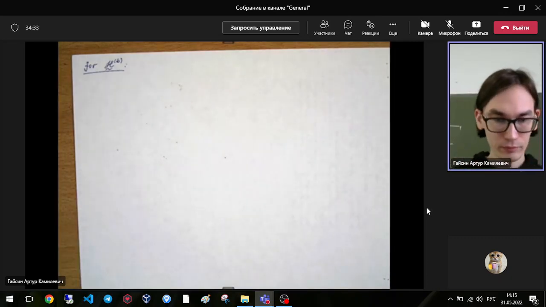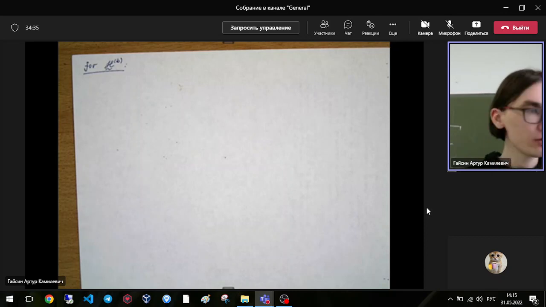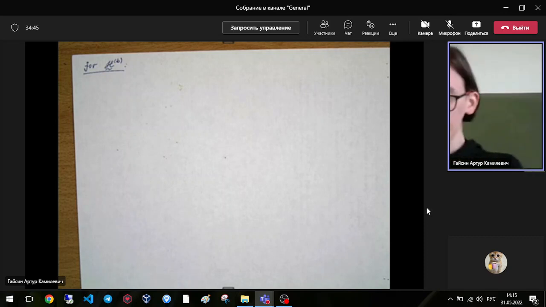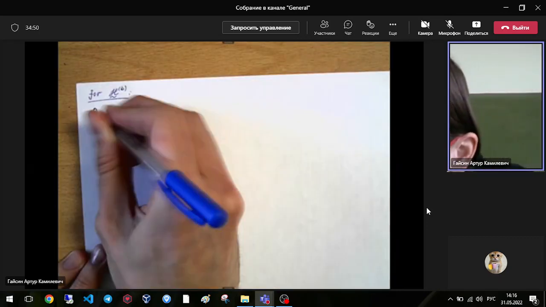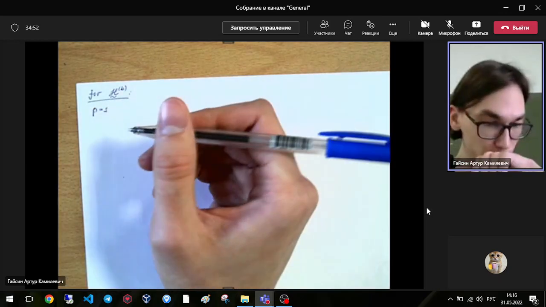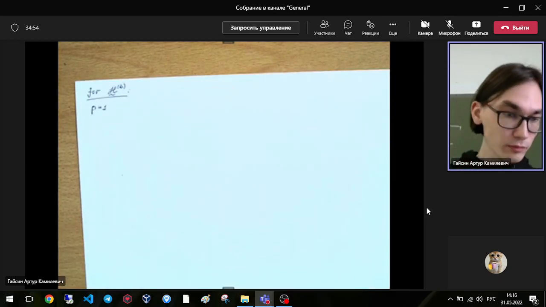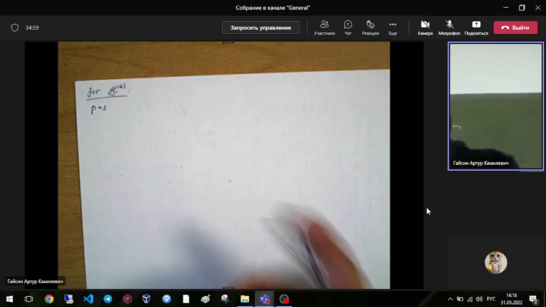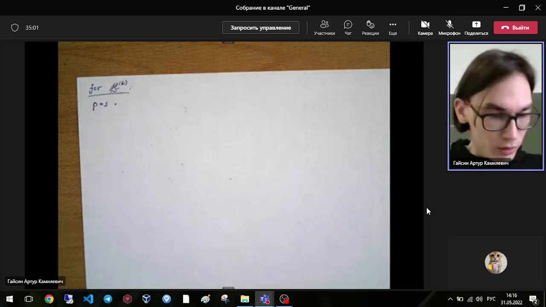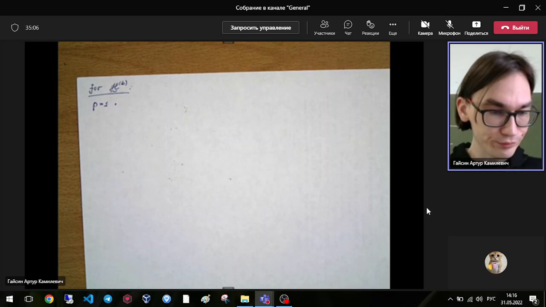So first, as before, we set the number of the iteration equal to 1. So let's write P is equal to 1. And let's use the general formula here.